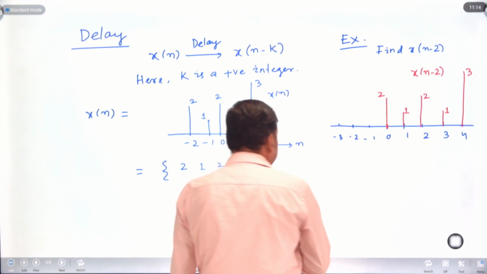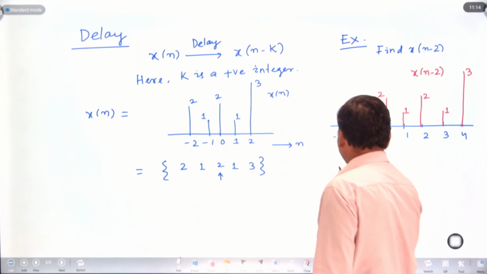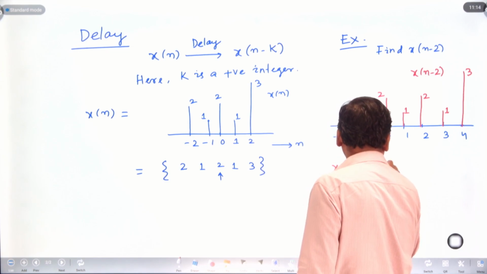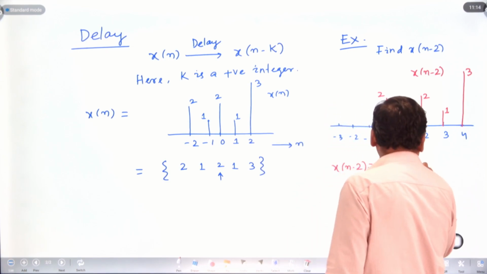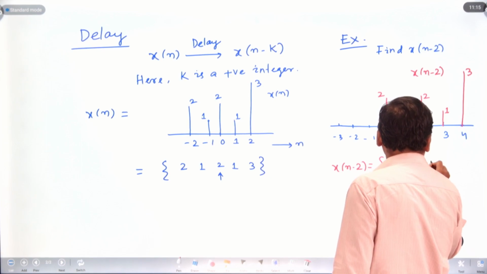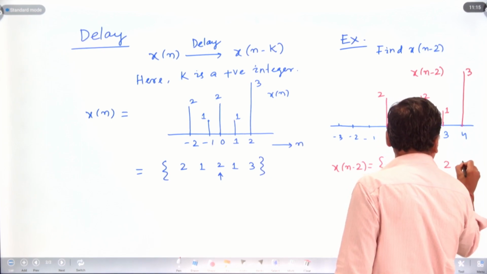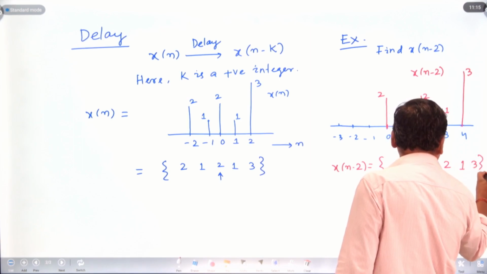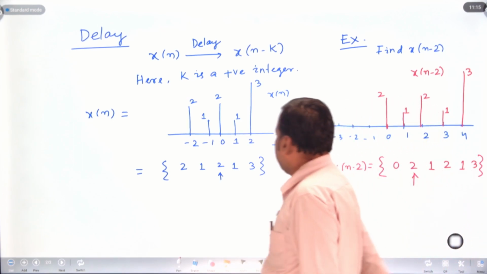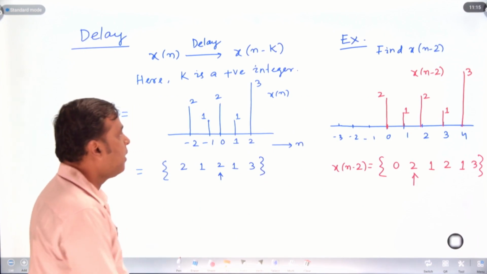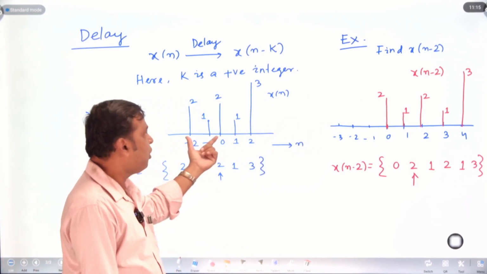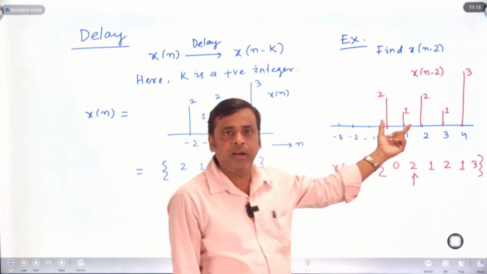But in the case of sequence representation, x of n minus 2 is how much here? That is your 0, that is your 2, 1, 2, 1, 3. Here the origin is like this. What is the difference between the two signals? This is your original signal and this is your delayed signal.